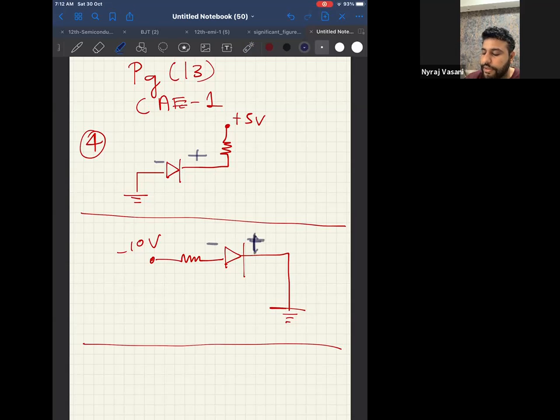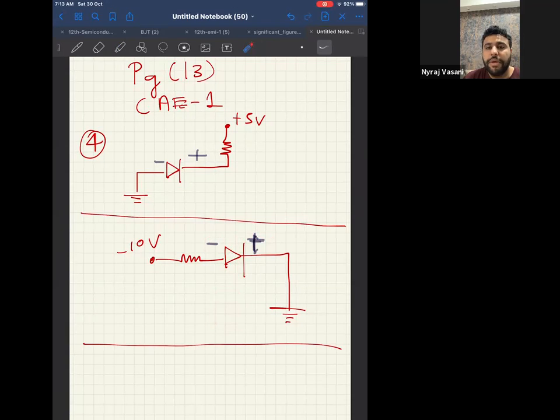Again, in this diode, positive is connected to negative and negative is connected to positive. So again, this diode is also reverse bias.